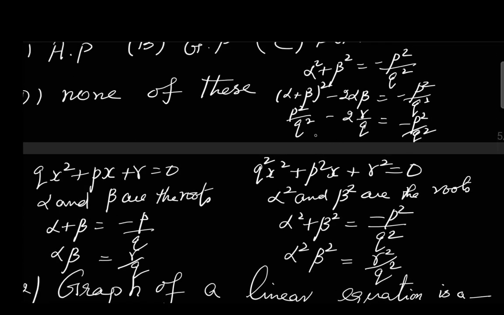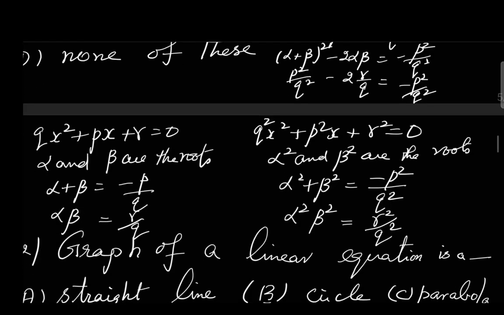So you take this to the side. Actually, I don't have the place, so let me write here. So p squared by q squared, you bring this side, so you will get plus. So 2p square by q squared equal to, you take this to the other side, 2r by q. So 2 cancel, one q cancel.